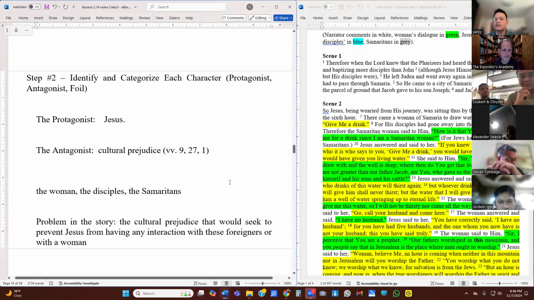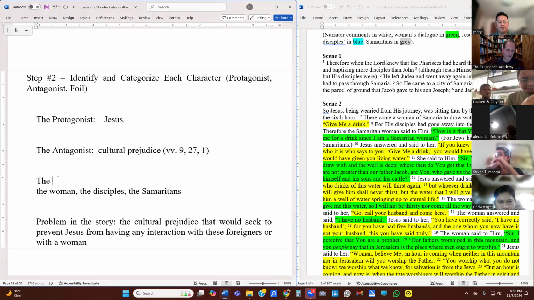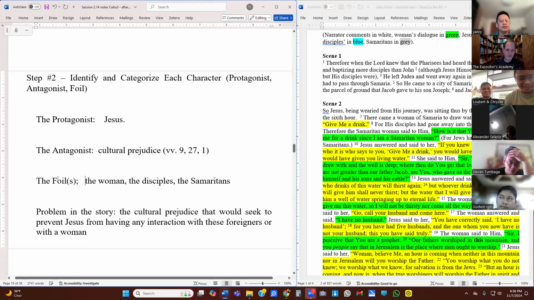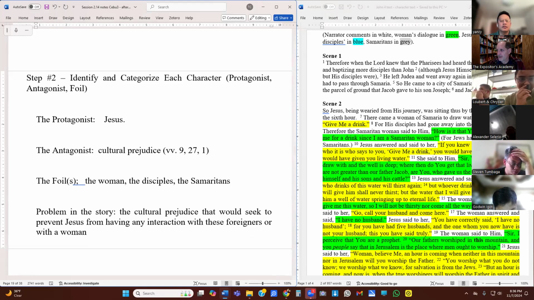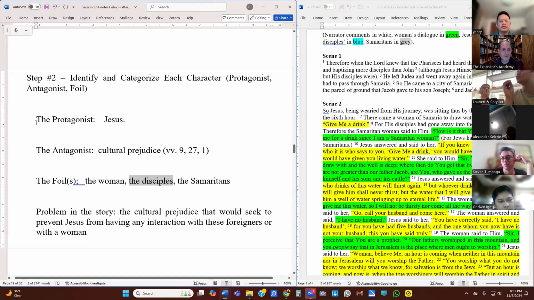Okay, that leaves us with, what about the foils? Does that mean the woman and the disciples are foils in the story? Some could be. We want to think about whether they serve as a contrast or a comparison. Think about the disciples for a minute. Could they serve as a comparison or contrast to the protagonist or the antagonist in the story?